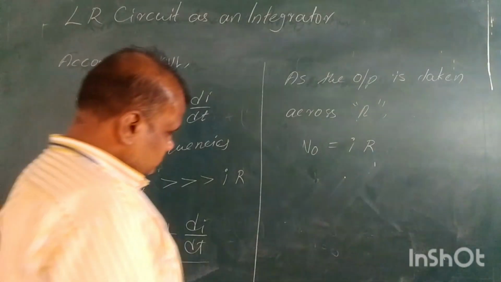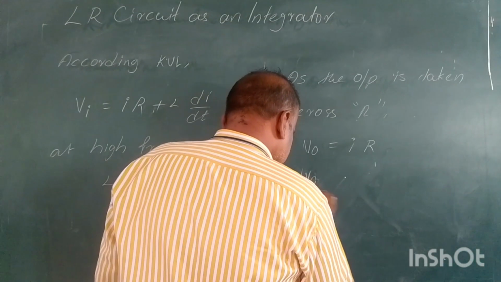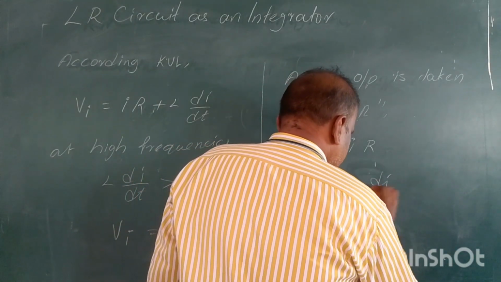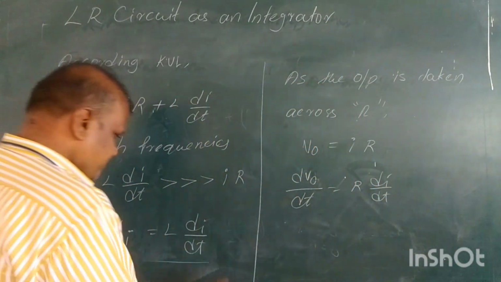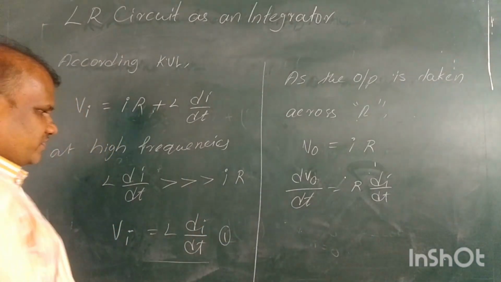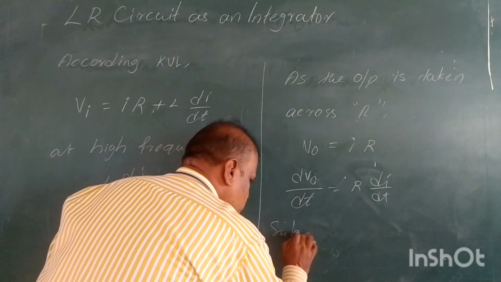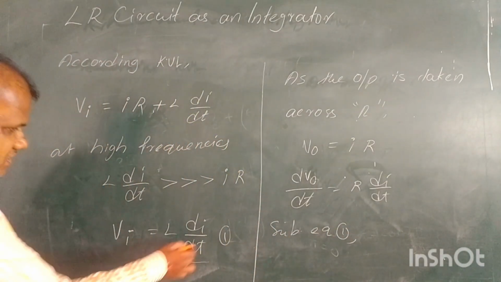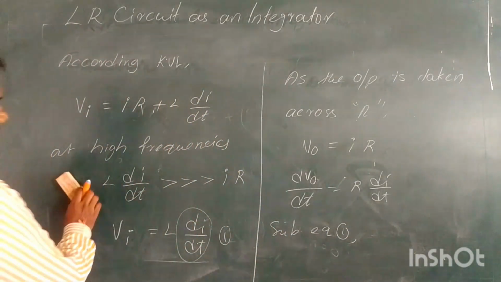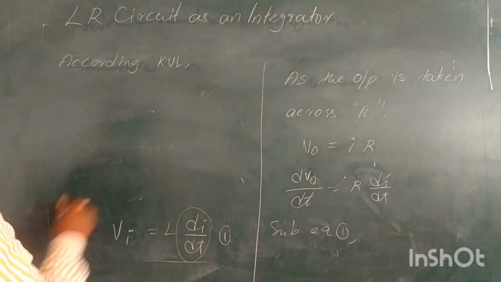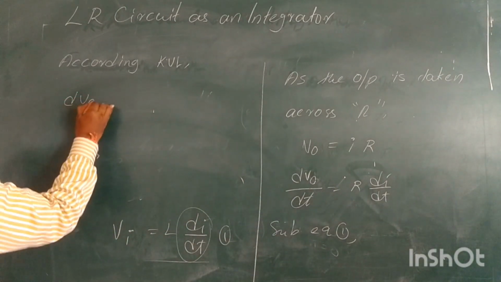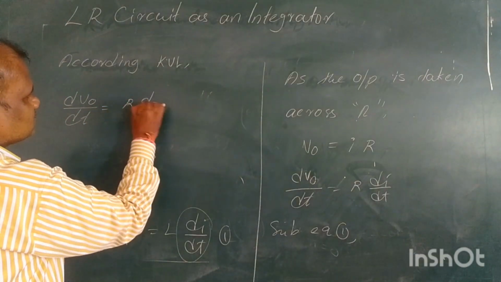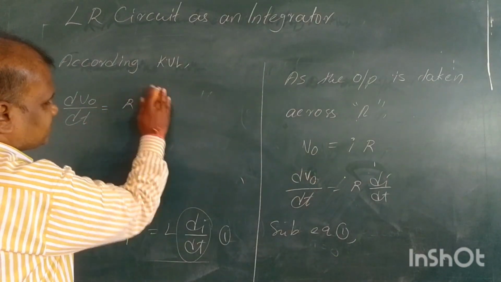So dV naught by dt equals R, which is a constant resistance, times di by dt. If I take the earlier equation as equation number 1, I am going to substitute the di by dt value from equation number 1.